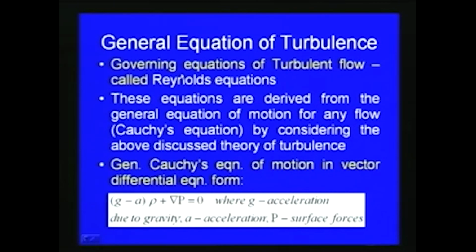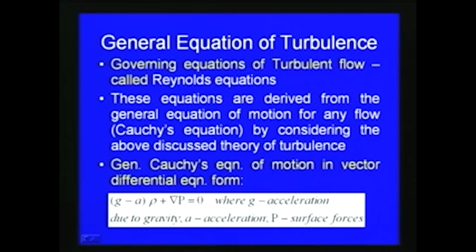We will discuss Cauchy's and Navier-Stokes equations in a later chapter, but we will now start to derive the Reynolds equation from the basic Cauchy's equation for fluid flow, the general equation of motion, by considering the theory of turbulence.